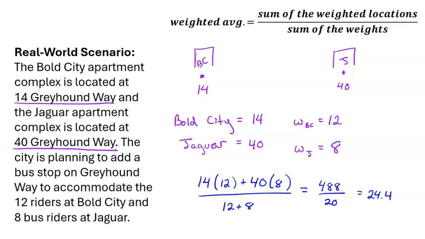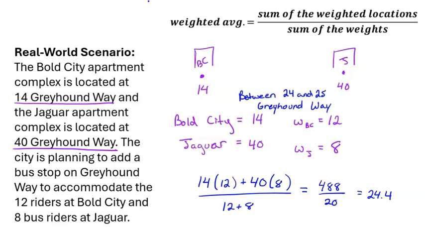So it's going to sit between 24 and 25 Greyhound Way. And that's going to be the address of where that bus stop is going to be. It's going to be between 24 and 25 Greyhound Way.